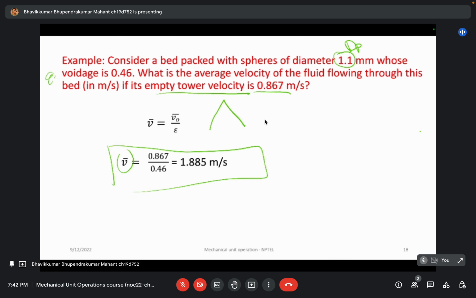Because the empty tower velocity only interacts with the particles, but if we have the packed bed, then there will be channeling and low pressure, and low pressure is always converted into high velocity, according to Bernoulli's equation. So according to that, your velocity will be defined, or you will get a value.